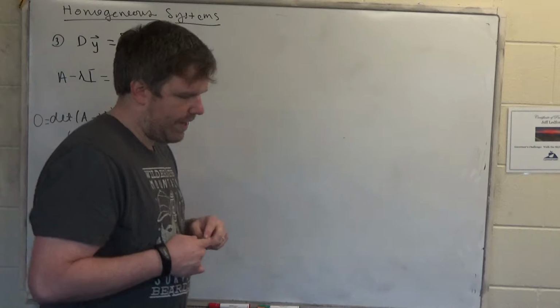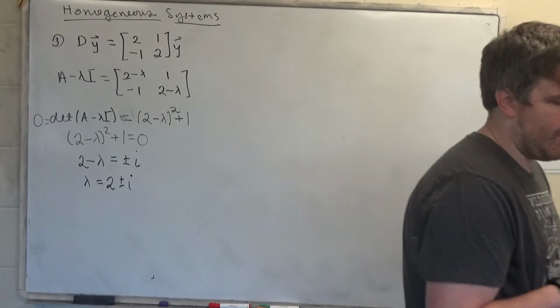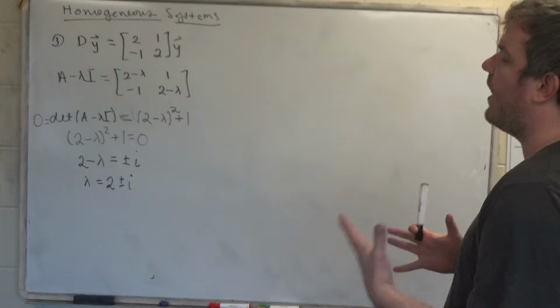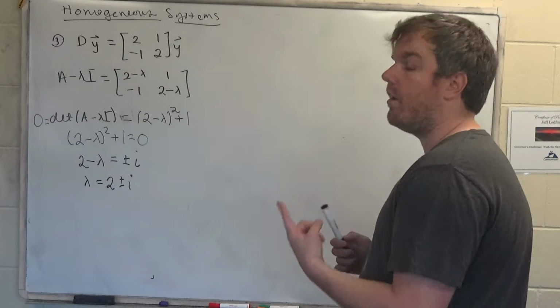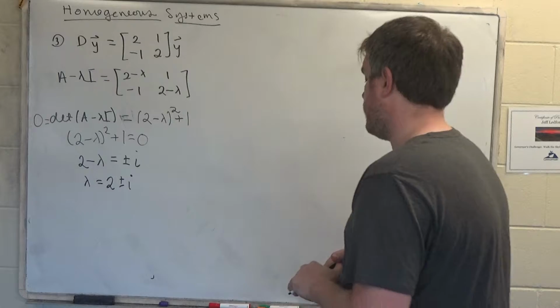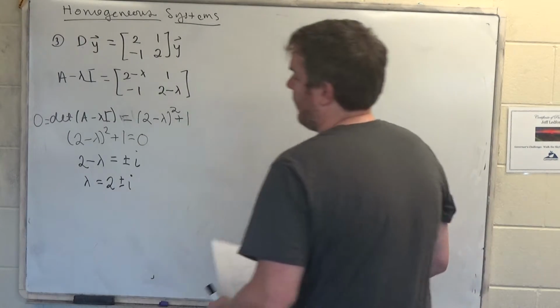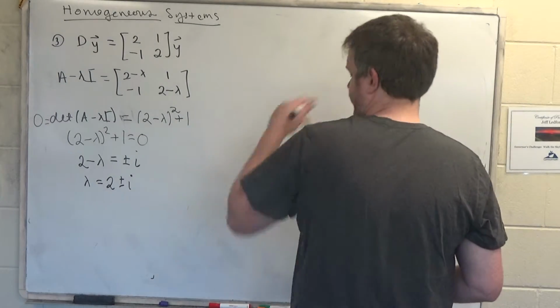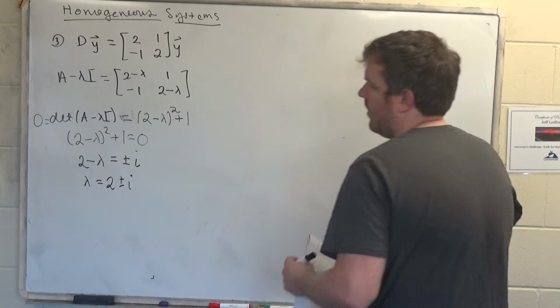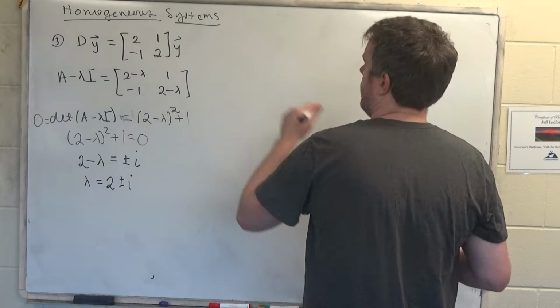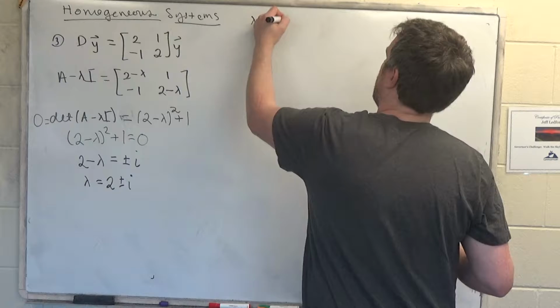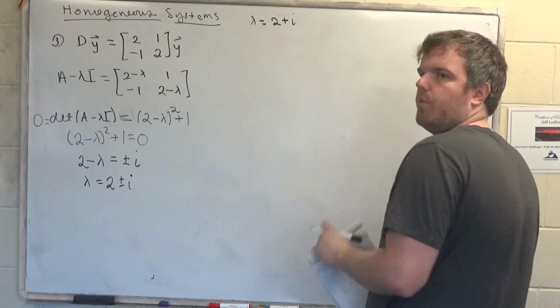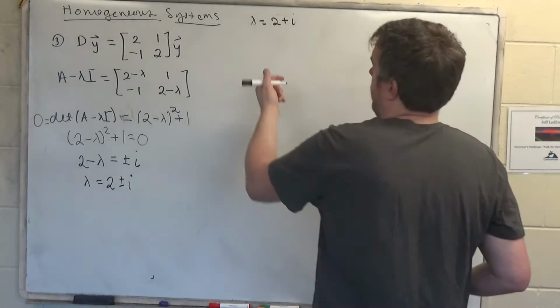Now, in this case, we have complex roots, and we do something a little special with complex roots. We need to find the eigenvector corresponding to just one of them, and then use symmetry and Euler's formula to figure out the rest of it. So, to find the eigenvector, just use the one that's plus.